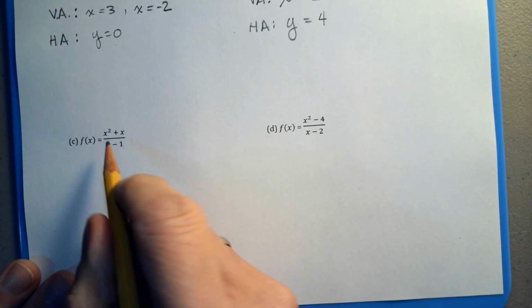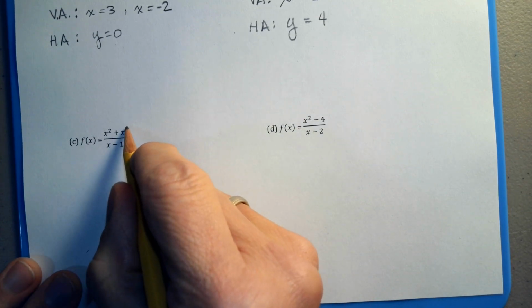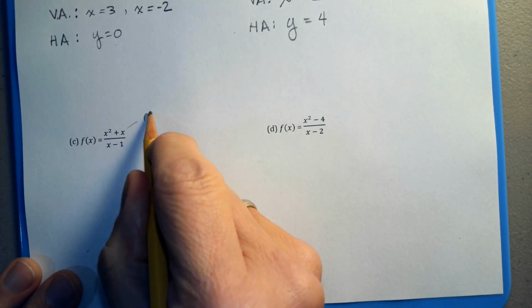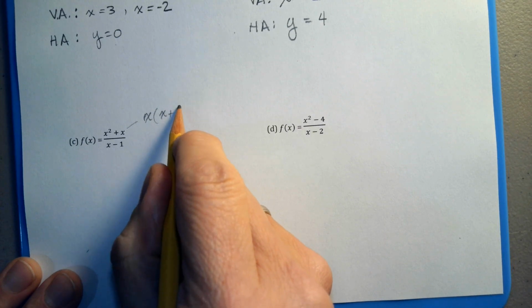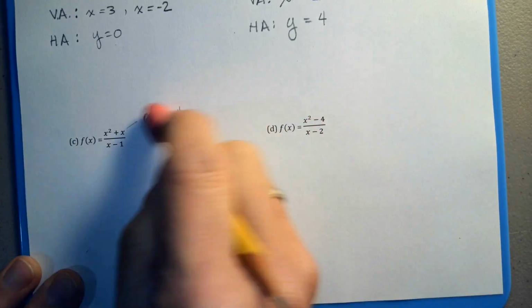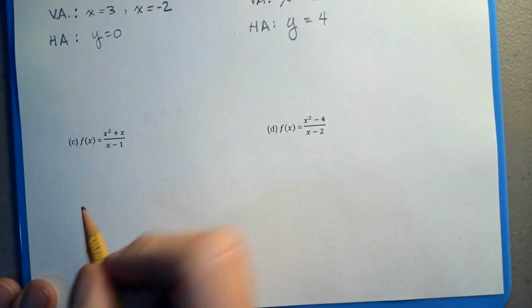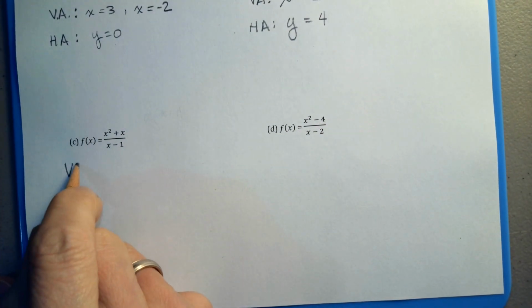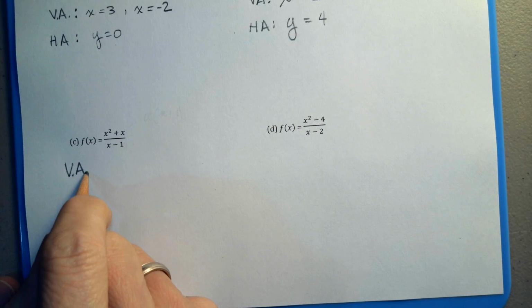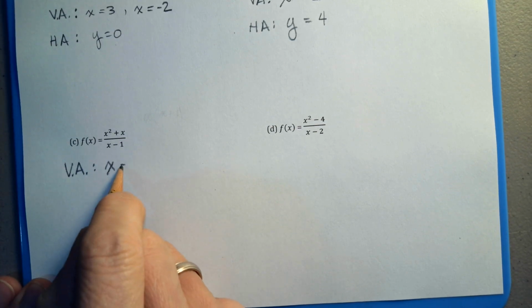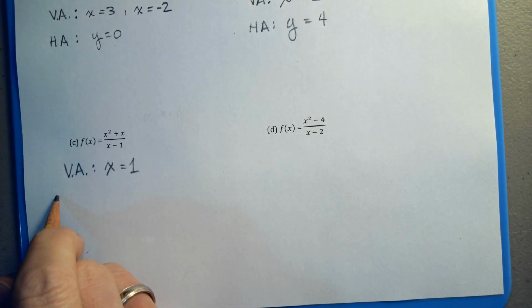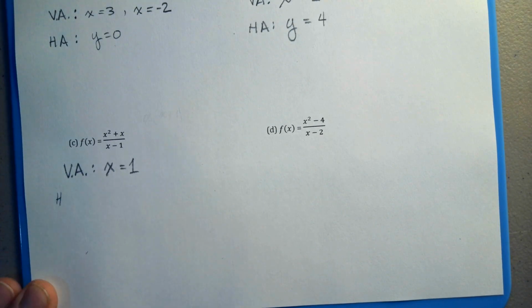All right, let's go down to C. Anything to factor? Well, yeah, we could factor this. This would be x and x plus 1, but that doesn't cancel, so factoring isn't going to help us here. Do we have any vertical asymptotes? Looks like we would have a vertical asymptote at x = 1. Now let's contemplate the horizontal asymptote.